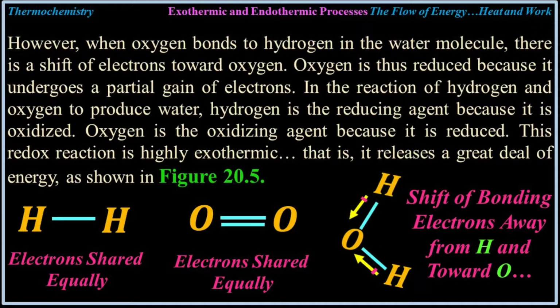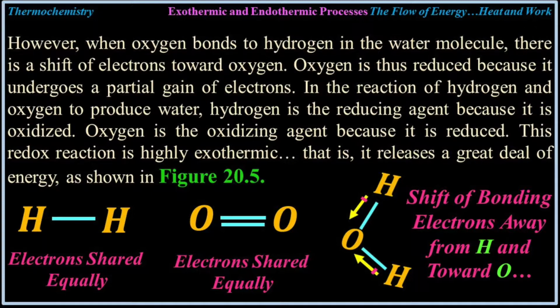In the reaction of hydrogen and oxygen to produce water, hydrogen is the reducing agent because it is oxidized. Oxygen is the oxidizing agent because it is reduced. This redox reaction is highly exothermic, that is, it releases a great deal of energy as shown in figure 20.5.